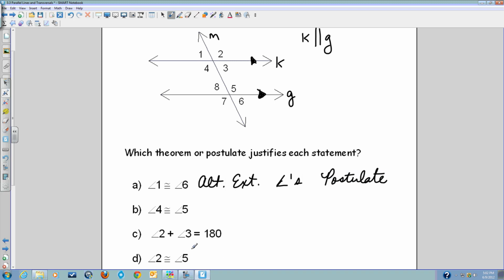Alternate exterior angles postulate. Let's look at angle 4 and angle 5. What theorem or postulate justifies that angle 4 is congruent to angle 5? Well, those are alternate interior angles. So we're going to say the alternate interior angles postulate.